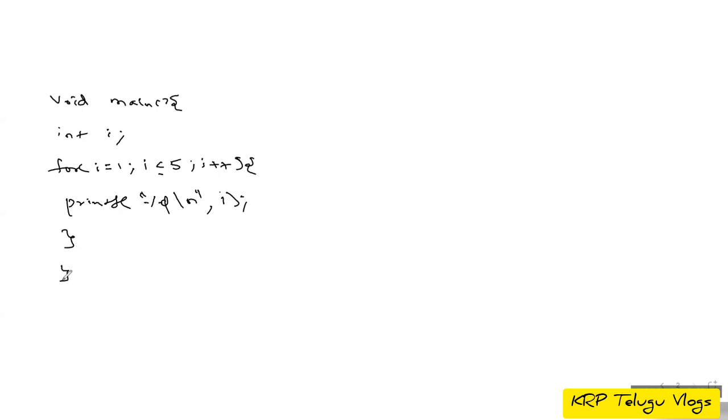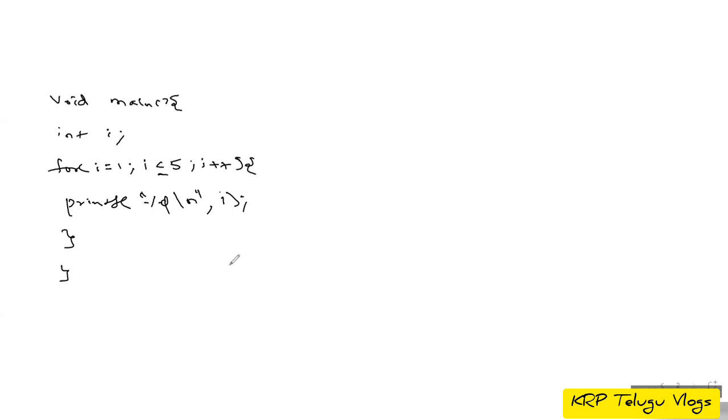So what will it print? Anyone knows how a for loop executes? Every time I am printing the i value. So what will it print?